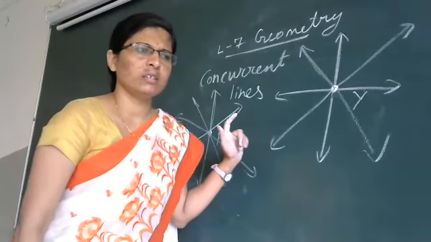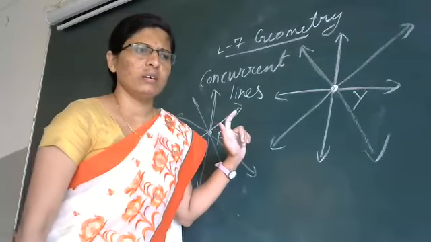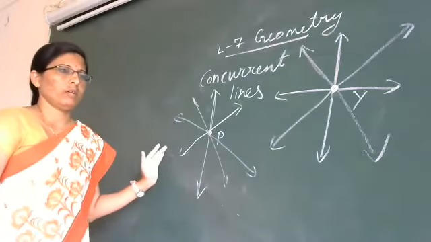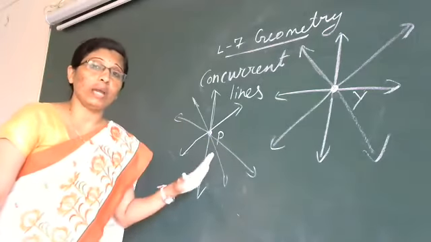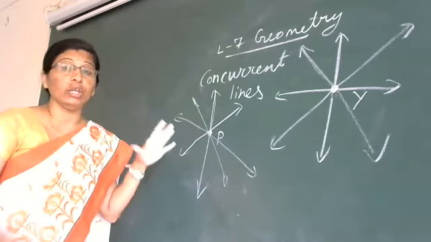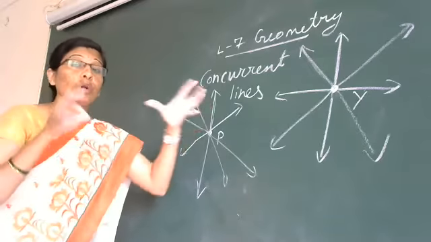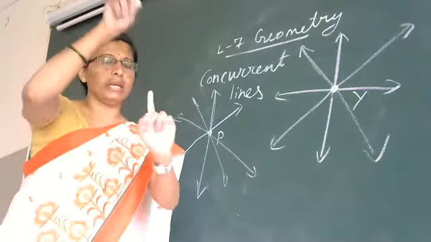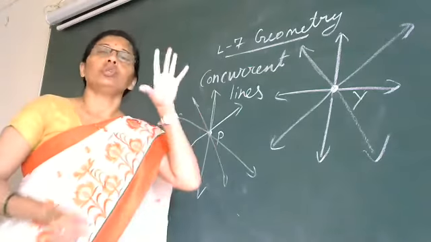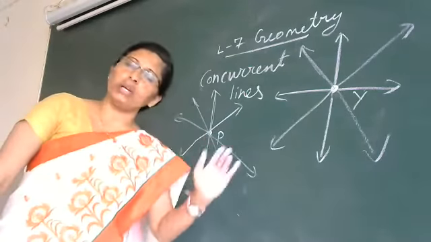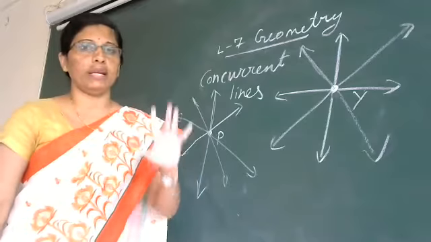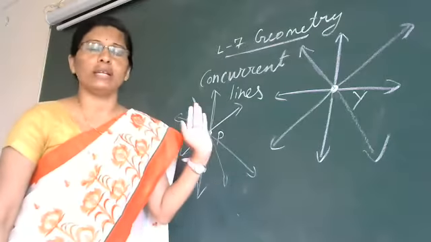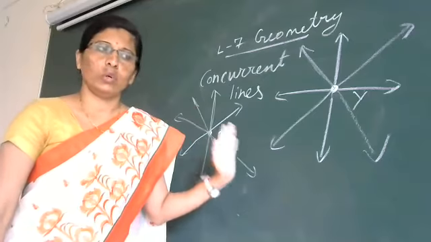Ma'am, we can't name the concurrent lines. Lines you can name, no. Lines you can name, but I am just telling you what we mean by concurrent lines. If from one point many lines are passing, those lines are known as concurrent lines. I am telling you the concept. You can name those lines also.